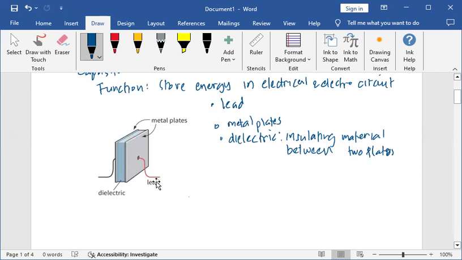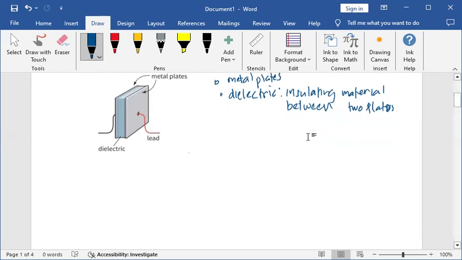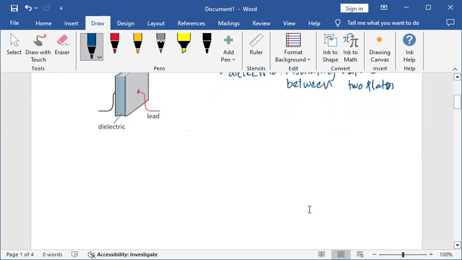And next, as the function is to store energy, how can the energy be stored in this stuff ya? For the first, we'll see here how to move charge onto the plates of the capacitor. Nah, kita tadi punya these two plates.